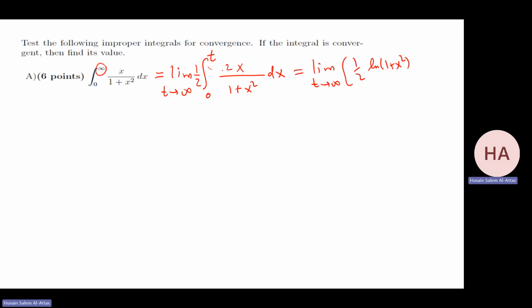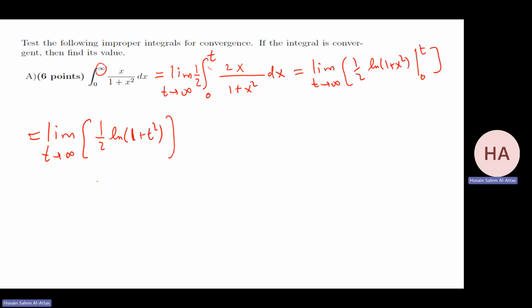Yeah, this will be du over u from 0 to t. That will be limit t goes to infinity of what? Half ln 1 plus t squared minus half, minus 0. Ln 1, which is 0.